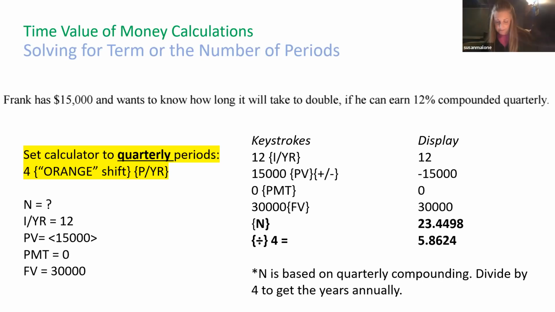All right, and then you're going to do 15,000 and hit your minus button, and it should display negative 15,000, and then you plug in PV. And then you're going to do 30,000 and hit your FV.